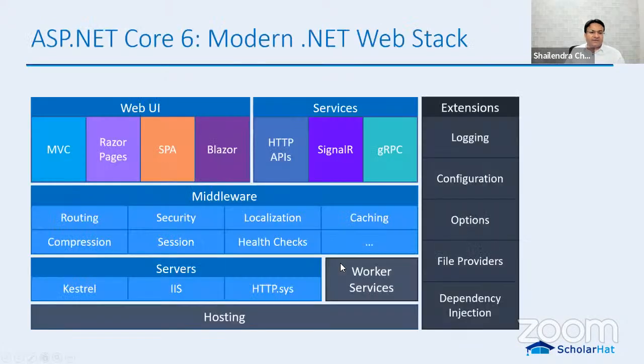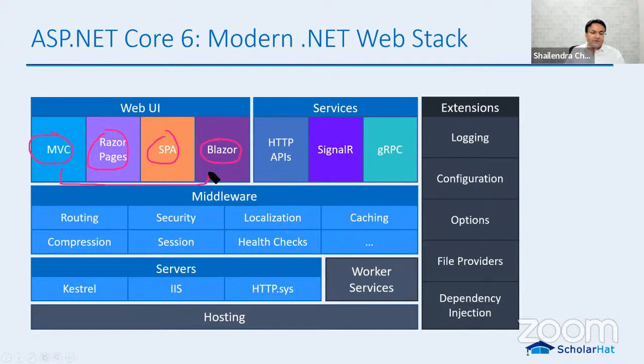So this is the ASP.NET 6 web stack we have here, where you can see ASP.NET Core is not limited to MVC only. Using ASP.NET Core, I can use the MVC pattern, Razor Pages, single page applications, and Blazor for building the UI. So these 4 styles are available for building the UI.